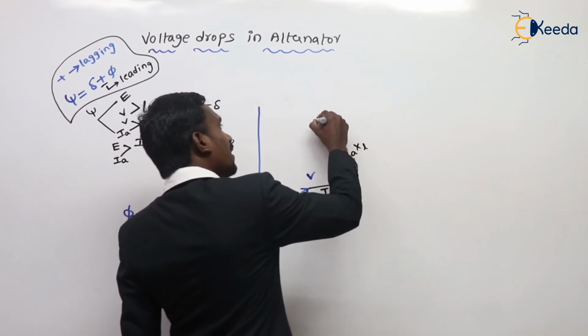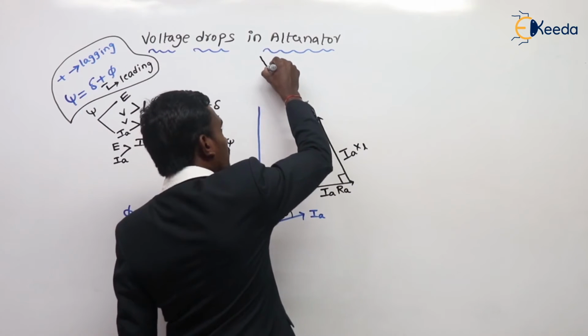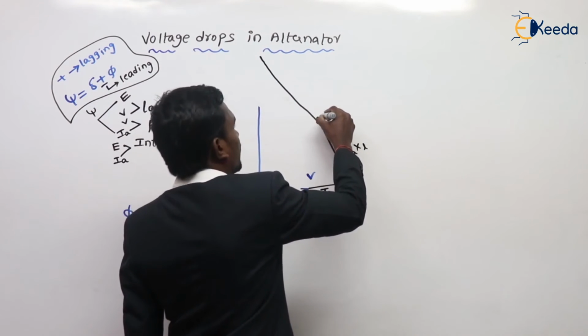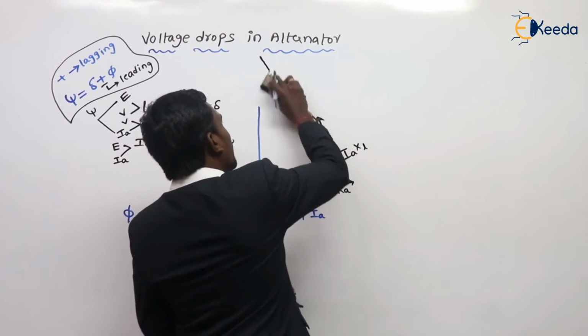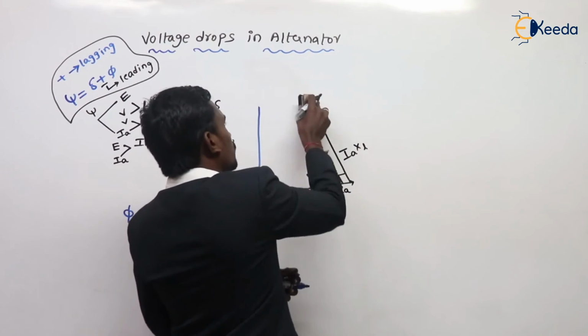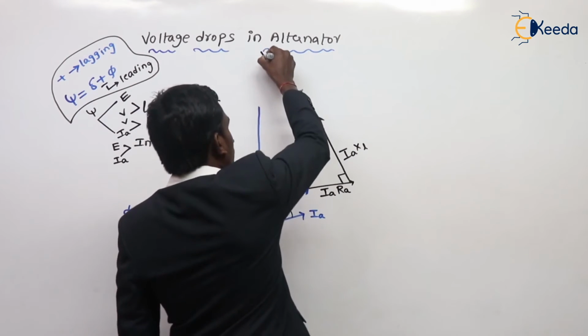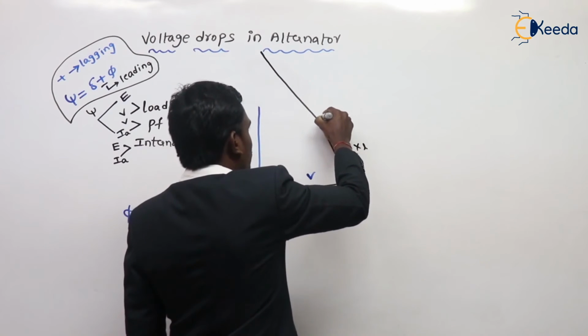And again we have another reactance drop, that is the drop due to armature reactance. So the drop due to armature reactance is like this.